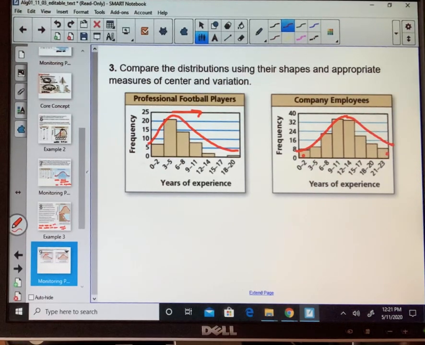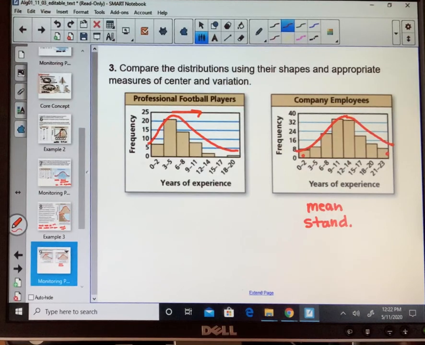And we do have some people over here where this is something I love and I'm going to stick at it for my whole work career. So this I would say is more symmetric. So I'd say over here I would use the mean and the standard deviation. And here I would use the median and my 5-number summary.